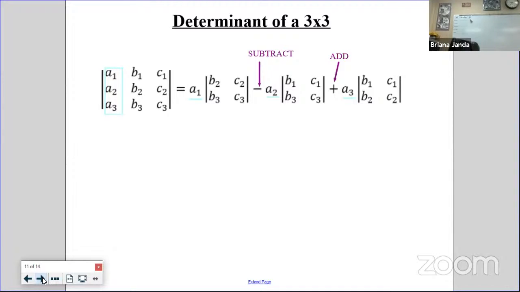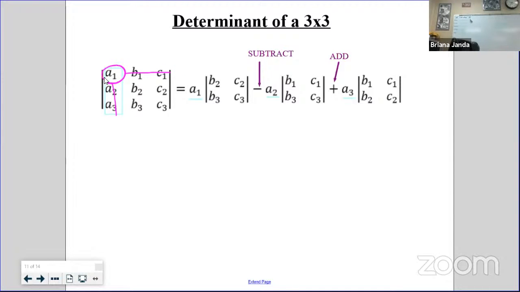You basically focus on the first column. In the first column, this first term right here comes from your first number in that first column. If you cross off everything that term is involved in, do you see what's left over?